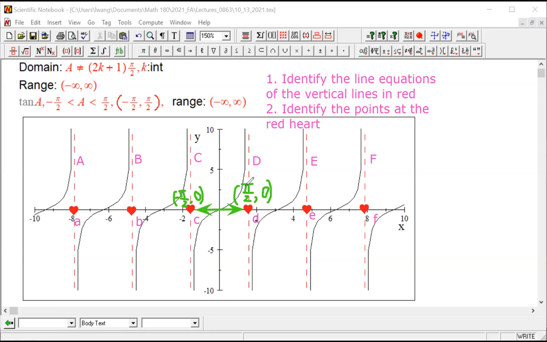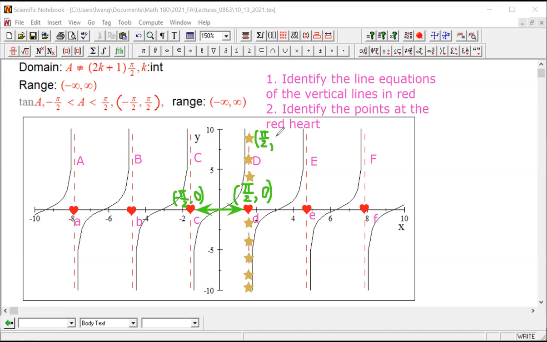If this point is pi over 2, 0, and that means on the same vertical line, what do they have in common? All these stars I drew here. What do all of these points have in common? All of these points have in common that their x coordinate is pi over 2.